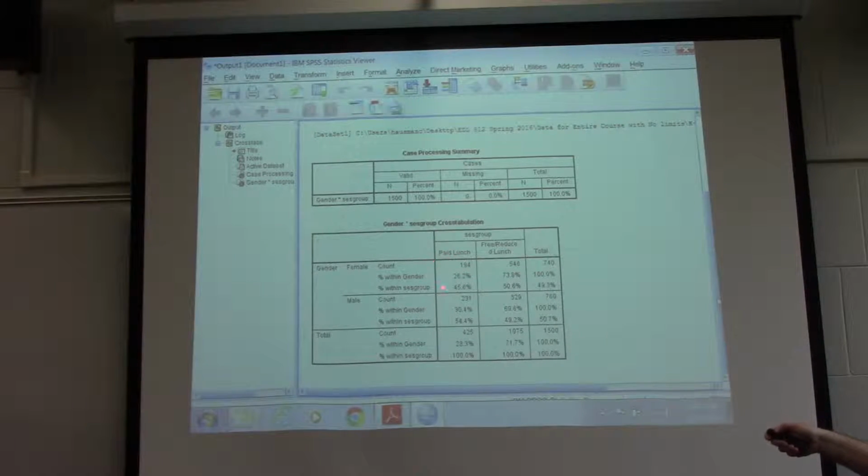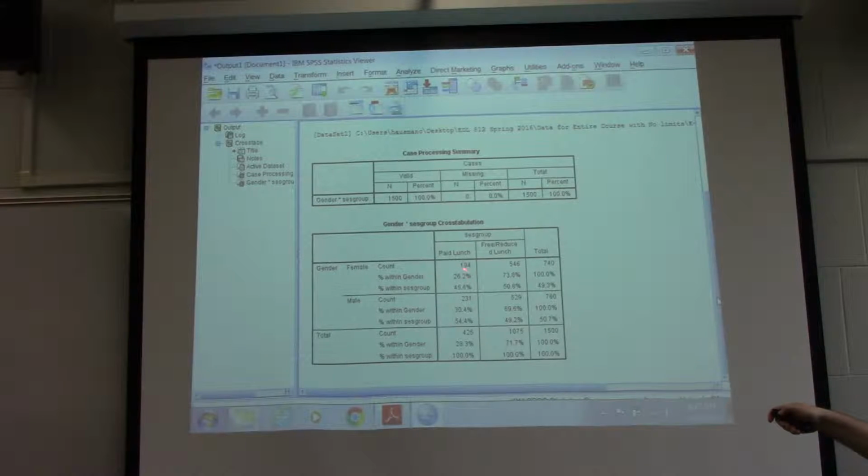In the top left cell, you see the first number is the count. You have 194 students that are female and eligible for paid lunch. You have 546 students who are female and free reduced lunch. You have 529 males who qualify for free reduced lunch out of your total sample.